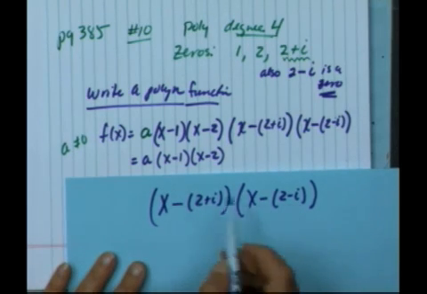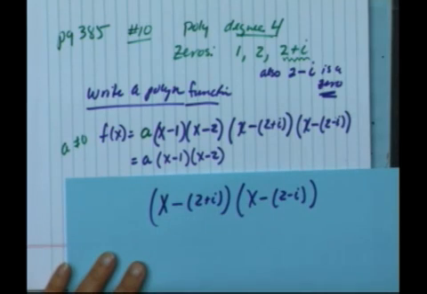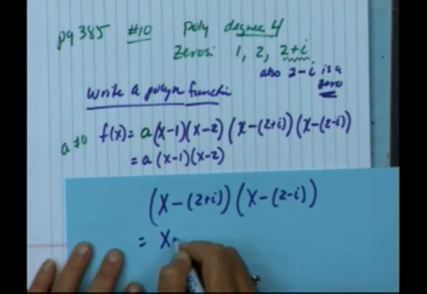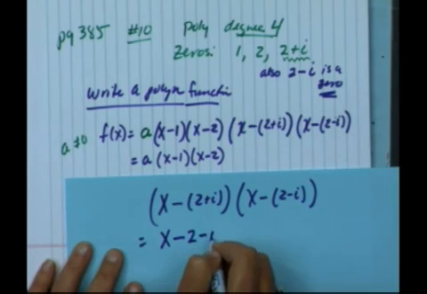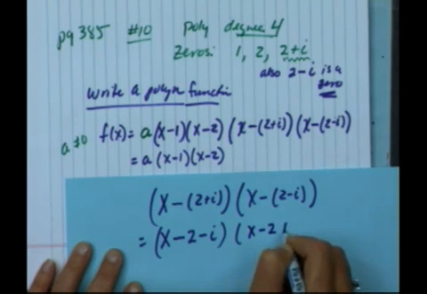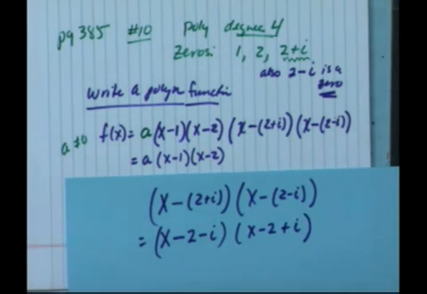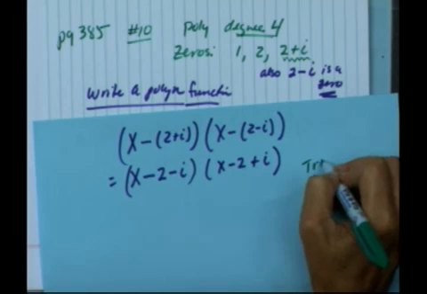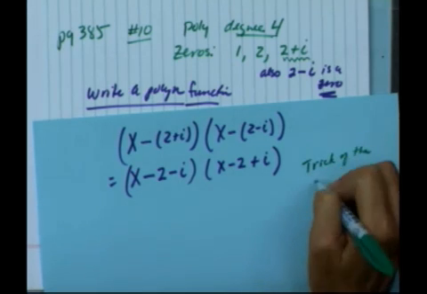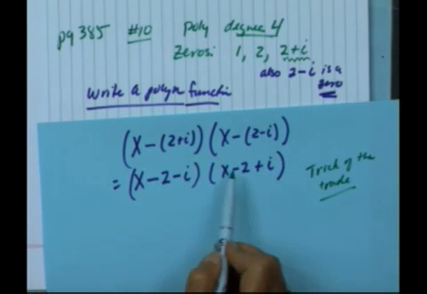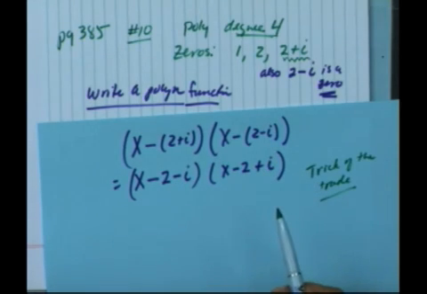If you were going to multiply this out, the easiest thing to do is first distribute your negatives. So we'll have x minus 2 minus i and x minus 2 plus i. Now you could multiply x times each of those, negative 2 times each of those, negative i times each of those, and combine your similar terms.